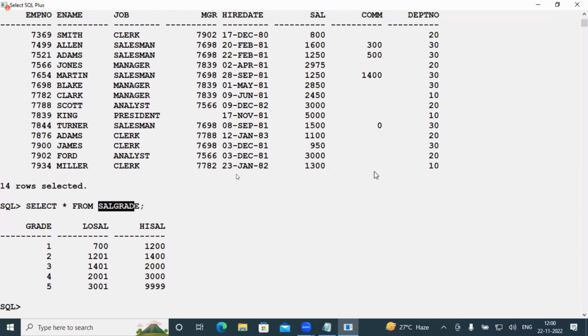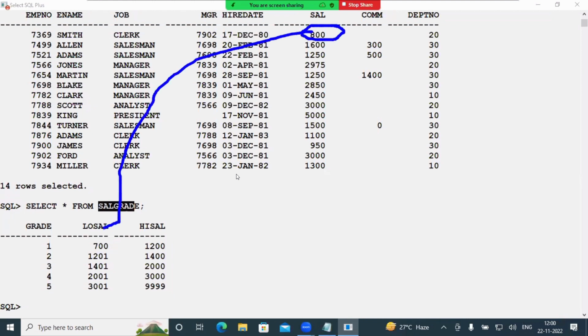So here observe. Suppose I want to compare the first employee, 800 is there. Does 800 come between low and high? First value comparing 7 to 12. Tell me, does 800 come between 700 to 1200? Yes, so that means this is true. Next, 800 between 1200 to 1400?